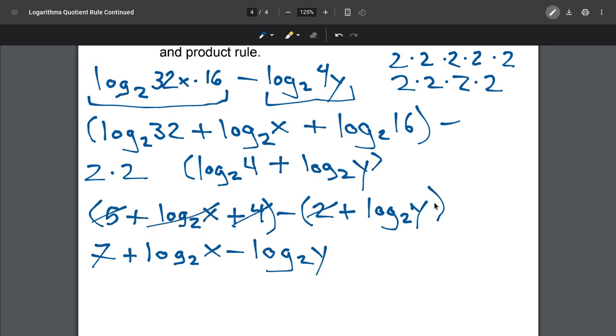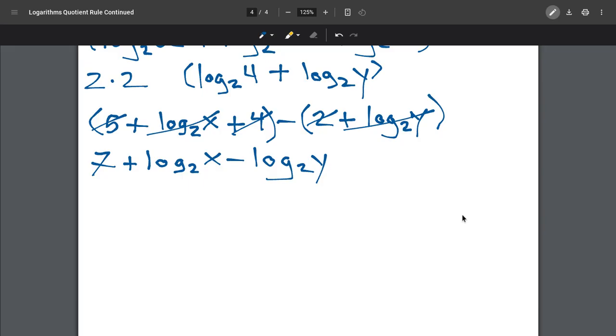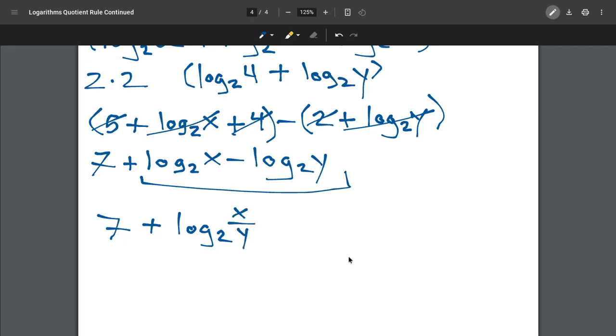So cross this off and that off. And now we could just finish this up by using the quotient rule to rewrite this here back into just one logarithm. So we could do 7 plus log base 2 of x over y.